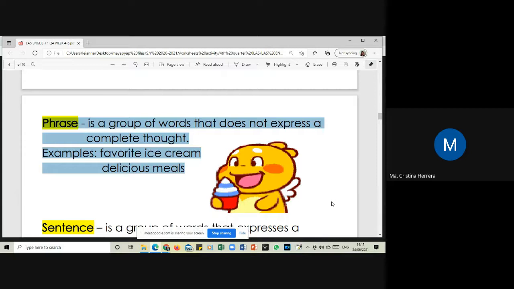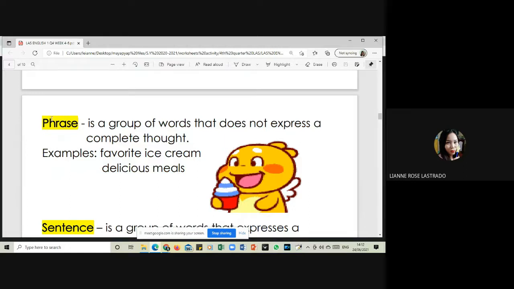Examples: favorite ice cream, delicious meals. Please read the example, LeBron. Examples: favorite ice cream, delicious meals. Okay, thank you so much, LeBron.